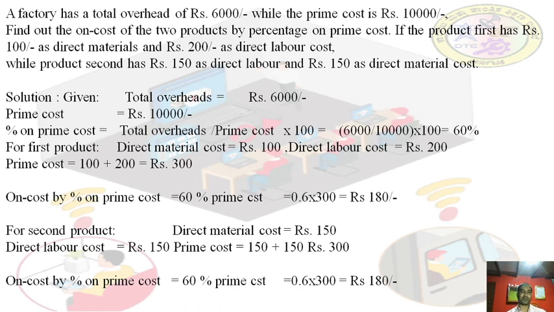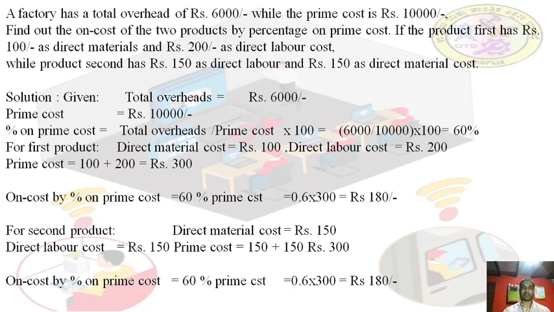So you need to calculate the percentage on prime cost. The formula for that is total overhead divided by prime cost. The total overhead given is 6,000 divided by prime cost of 10,000, so we got the percentage on prime cost as 60%. That means whatever the prime cost will come, the overhead will become 60% of the prime cost.